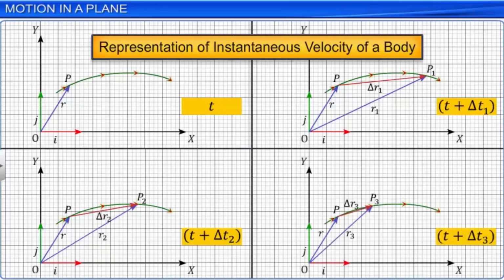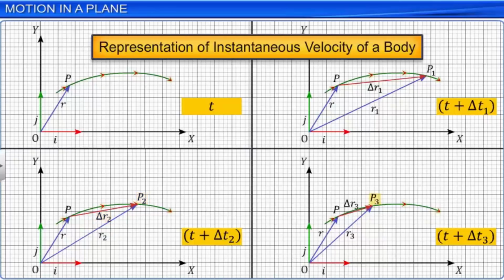The position vectors of these various points are: P is r, P1 is r1, P2 is r2, and P3 is r3. The displacement vectors with respect to point P are as follows. At point P1, its displacement is delta r1. At point P2, its displacement is delta r2. And at point P3, its displacement is delta r3.